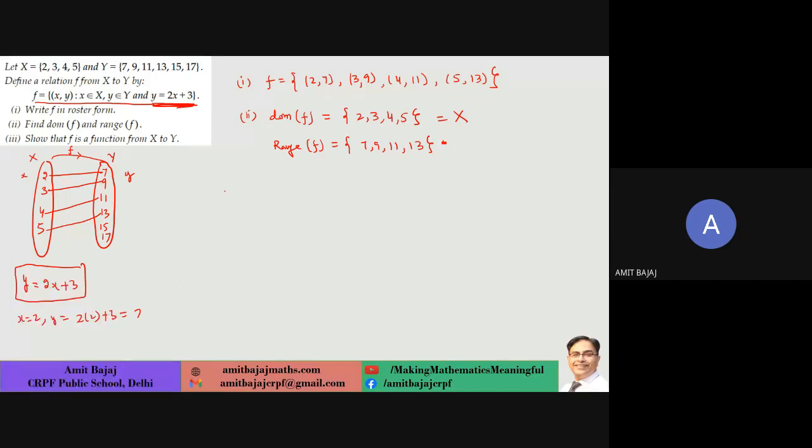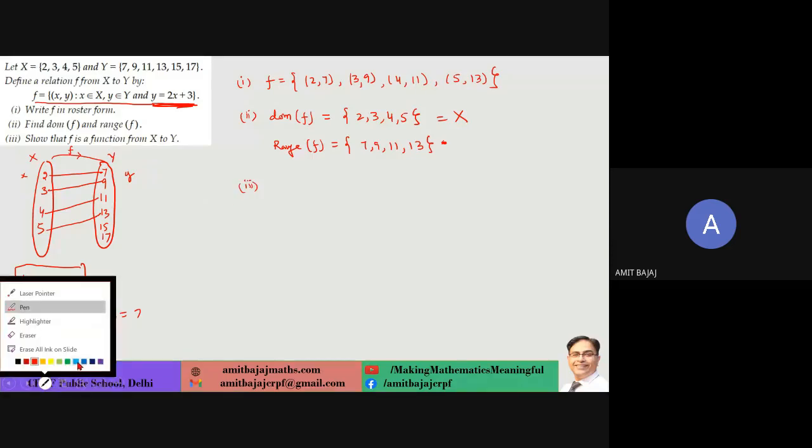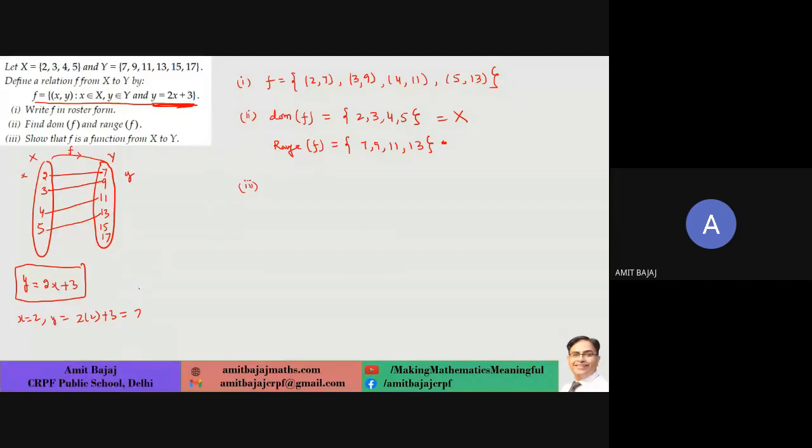Next, show that F is a function. Now, first tell me from observation, is it a function? Yes. It is a function. Already it is said in the question itself, show that it is a function. But how am I going to show it?